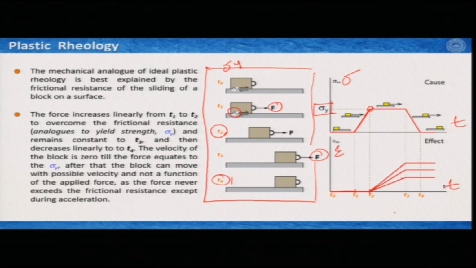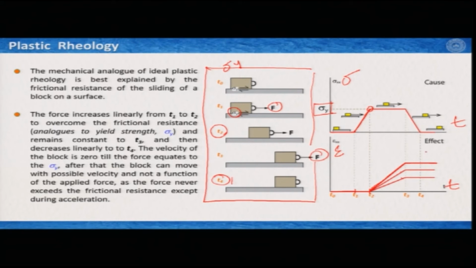We will talk about it later, but let us consider only one. So, it can then move or it can get deformed because it is changing its position, and then if you release the stress, it does not come back to its original position, right. So, this is in a nutshell what is plastic deformation or plastic rheology, using the analogy of a friction block.